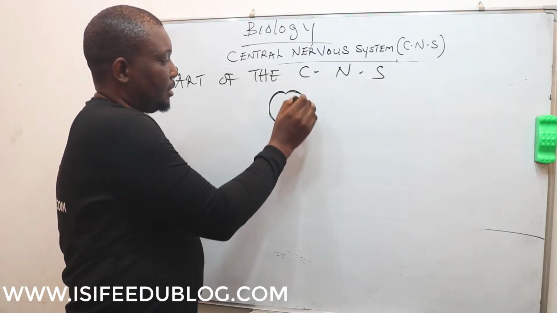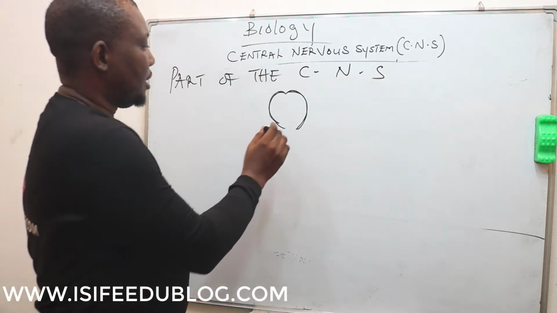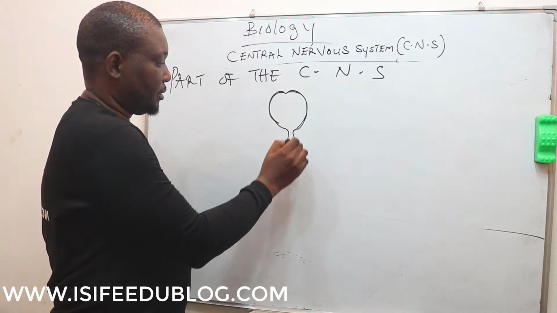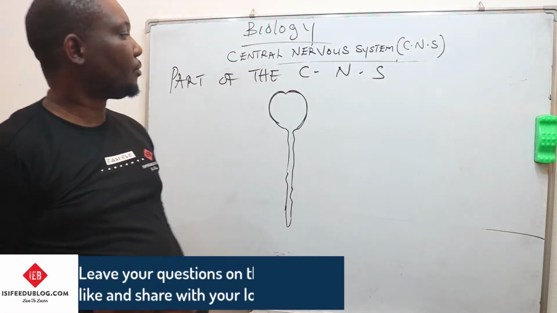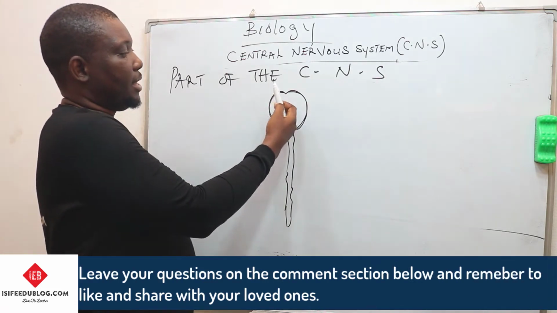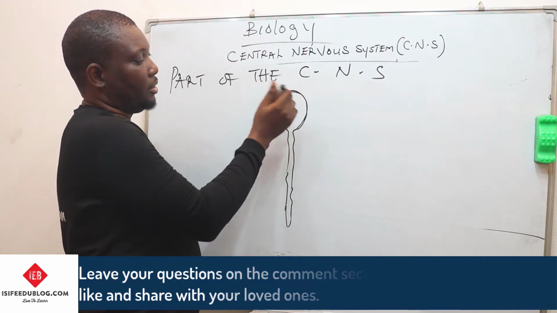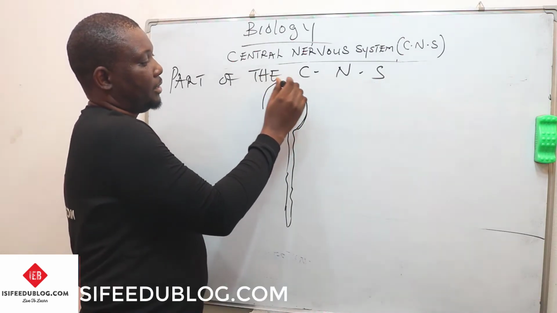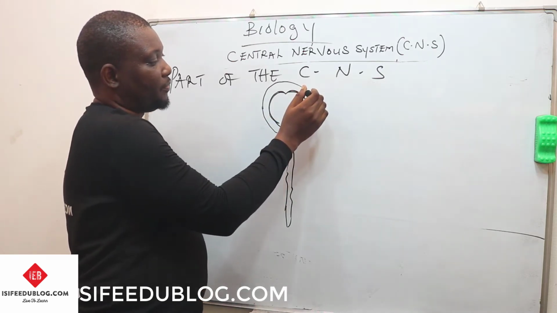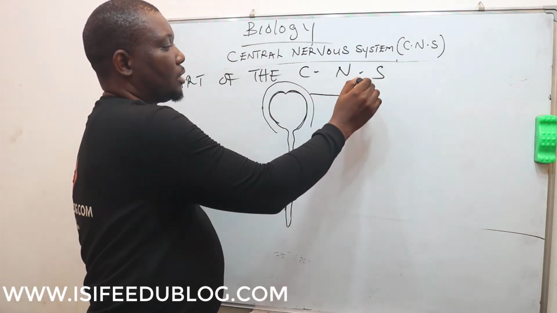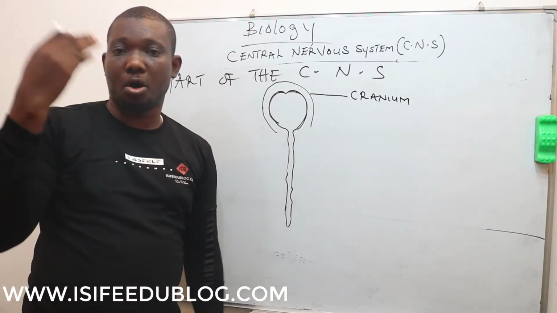Let me assume this to be one part of the CNS, and the next part of the CNS. The first part of the CNS, you can see in this position, is protected by a bony framework called the cranium, in the skull.